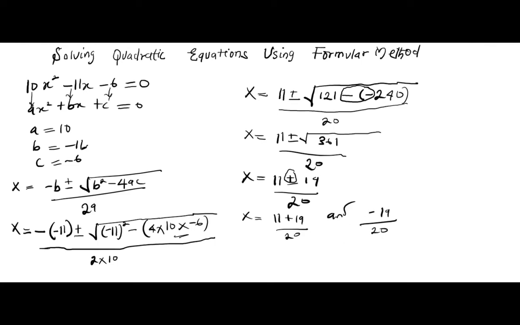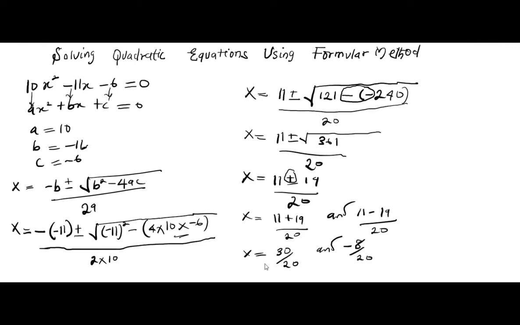Okay, so we have our x equals to 11 plus 19 is 30. So you have 30 all over 20, and here we have 11 minus 19, which is negative 8. We have negative 8 all over 20.